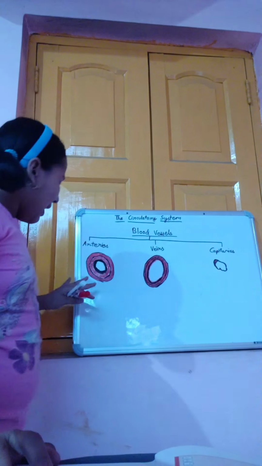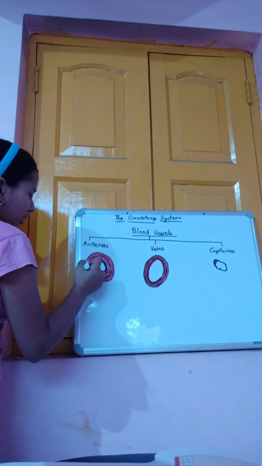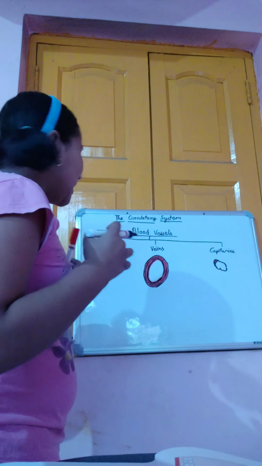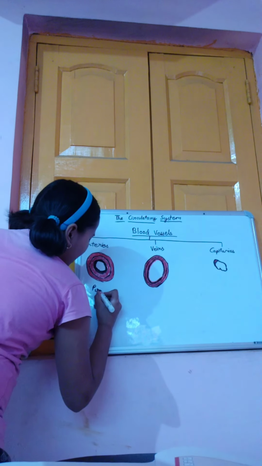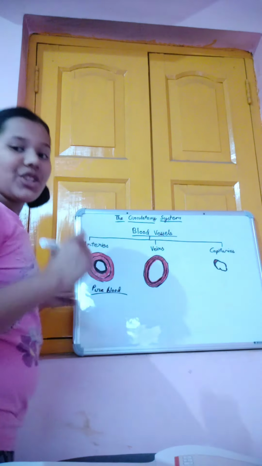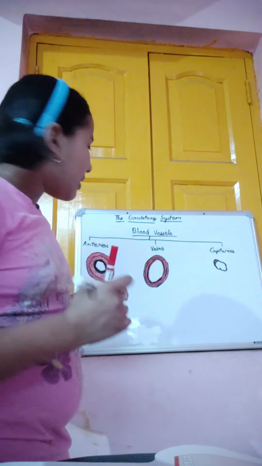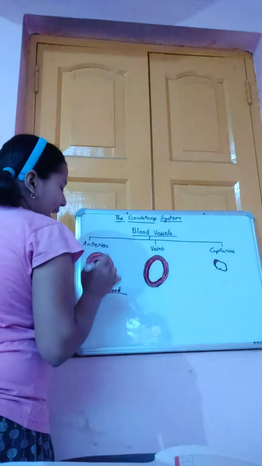Now, these arteries are deep-seated, which means they have thick elastic walls. They carry pure blood, which means oxygen-rich blood. The blood has oxygen in it. Now, veins. We knew that arteries are deep-seated and carry pure blood, but the vein is just the opposite.